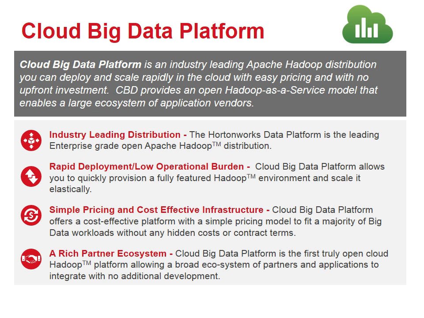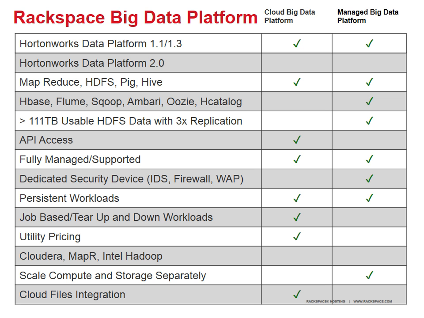And so really quickly, there are some caveats at this current time. Like I stated, the Cloud Big Data Platform is currently in limited availability, so look for some additional cadence points here in the next 2 months. We'll be rolling out additional functionality. If you're just looking for Hortonworks Data Platform version 1.1, 1.3, that is available in both Cloud Big Data Platform and Managed Big Data Platform today.